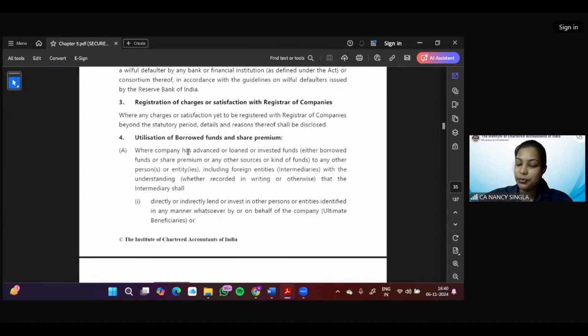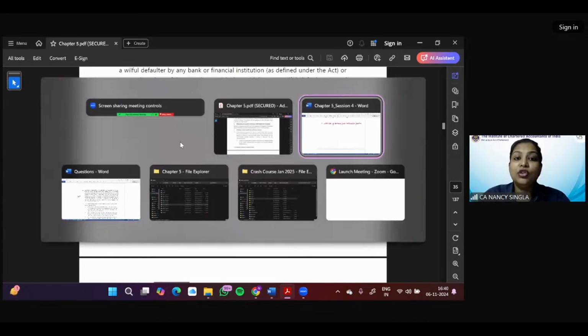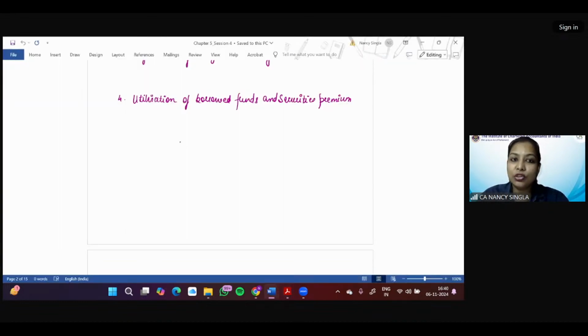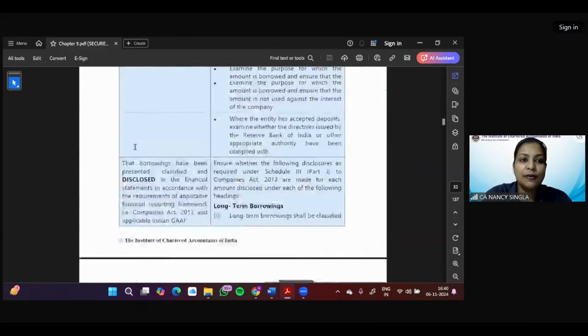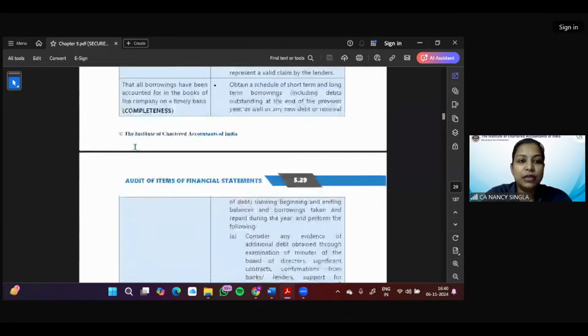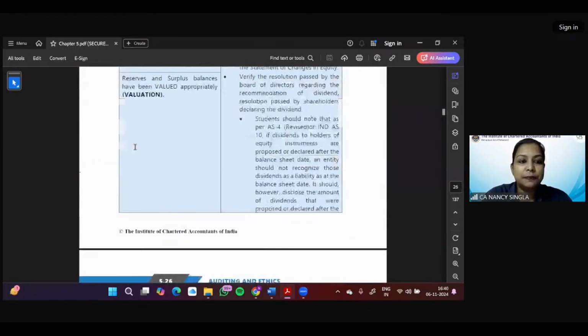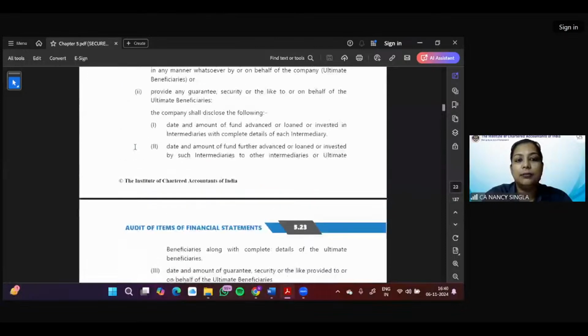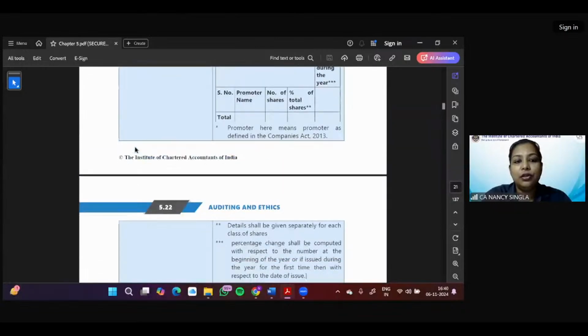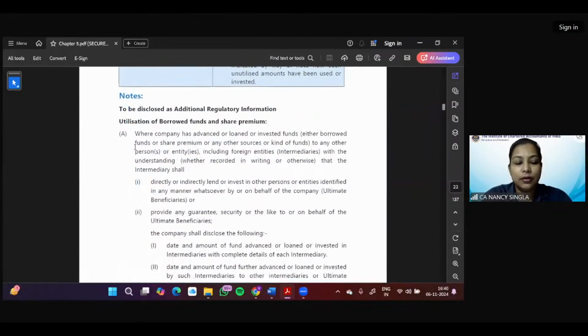So the next is with respect to utilization of borrowed funds and share premium. Why is this topic coming here, and with share capital also? Let me show you. This is coming here with borrowing, and this topic was there on your page number 5.22 also, right?